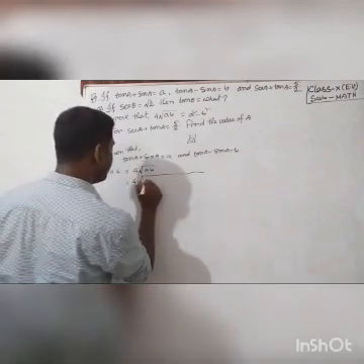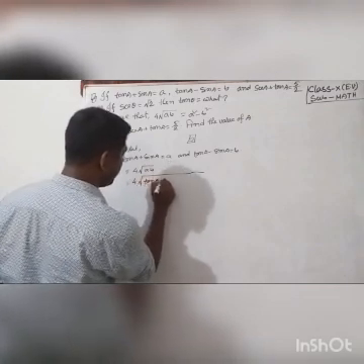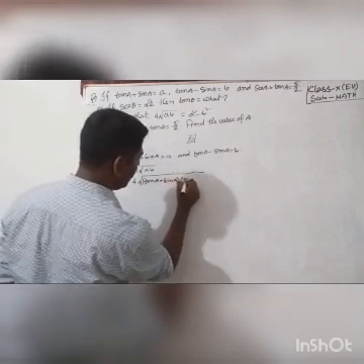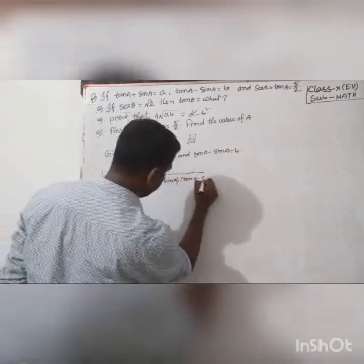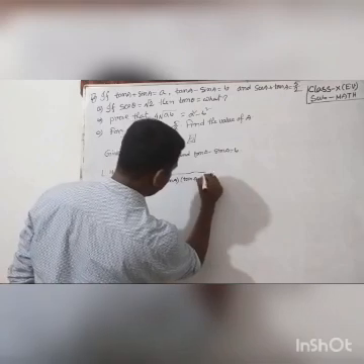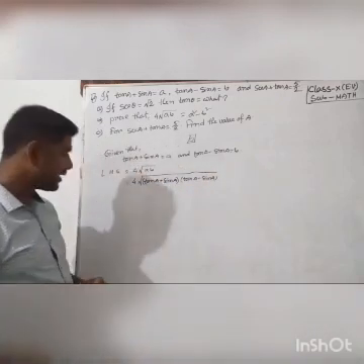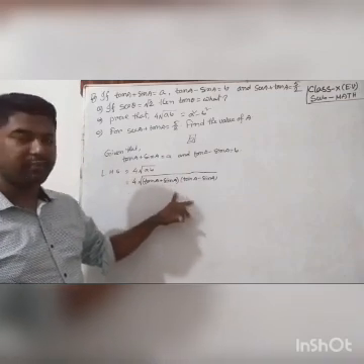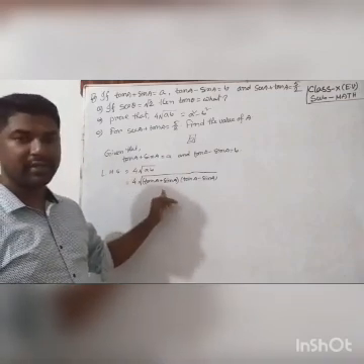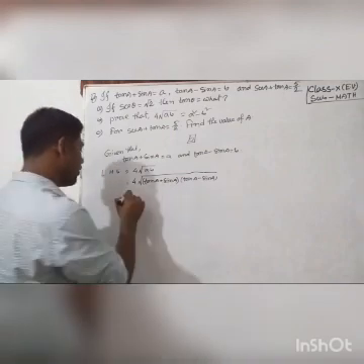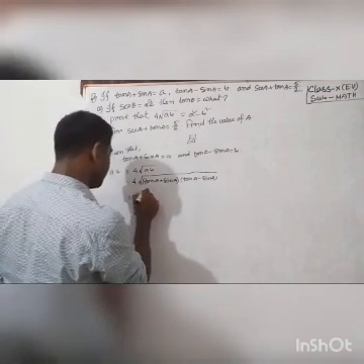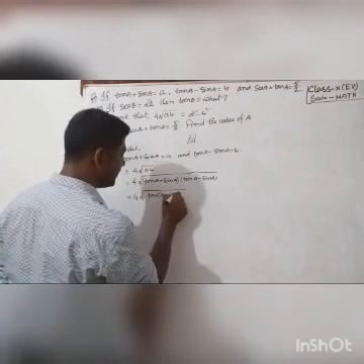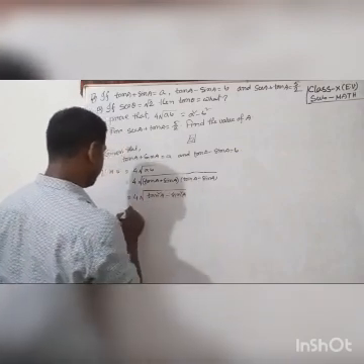So we can write it tan a plus sin a into tan a minus sin a. Now you look, it is a formula of a square minus b square. So we can write it tan square a minus sin square a.